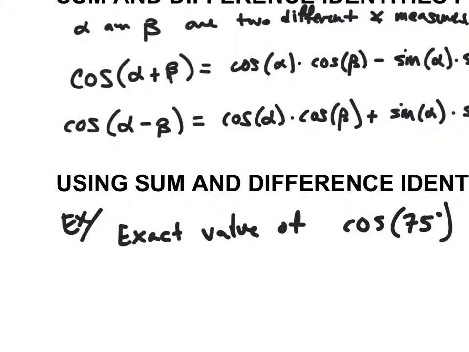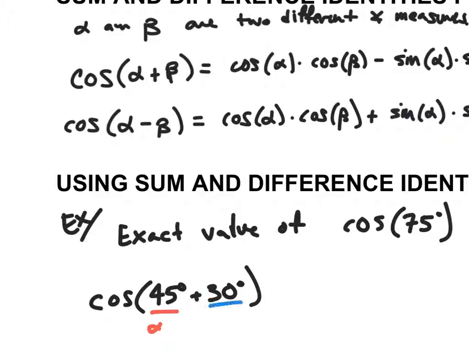But what we can do is split 75 degrees into the sum of two usable numbers from the unit circle. So I can rewrite this as, say, cosine of 45 degrees plus 30 degrees, okay? And so 45 is alpha, and then 30 is beta, okay?